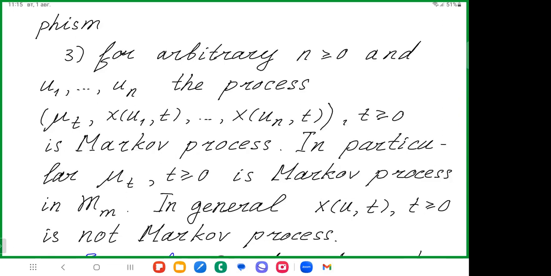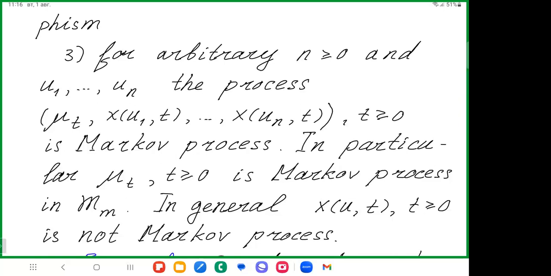But if you put a sufficiently large amount of tracers in this liquid, they begin to interact with one another, and the knowledge of the position of one particle at fixed time t is not sufficient to predict its future, because it can collide with other particles. So this is a rough explanation of the reason why in general x u t is not a Markov process.